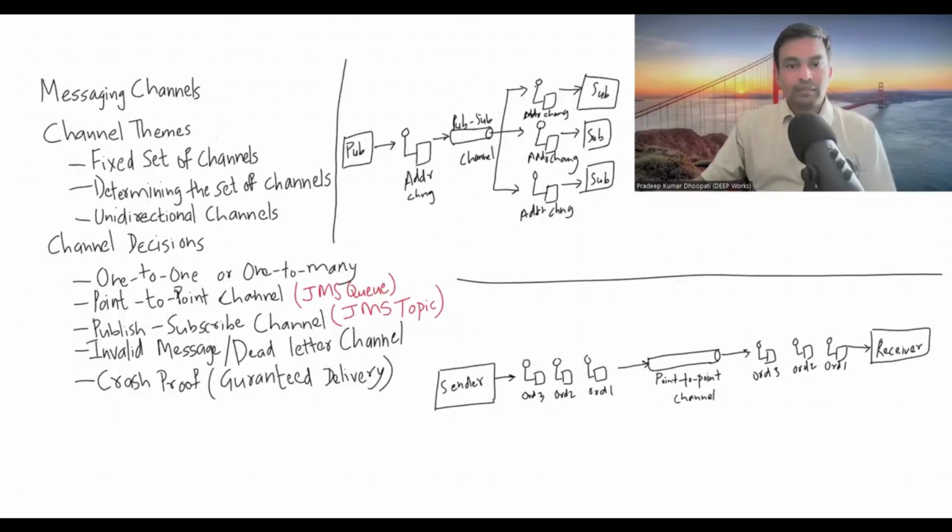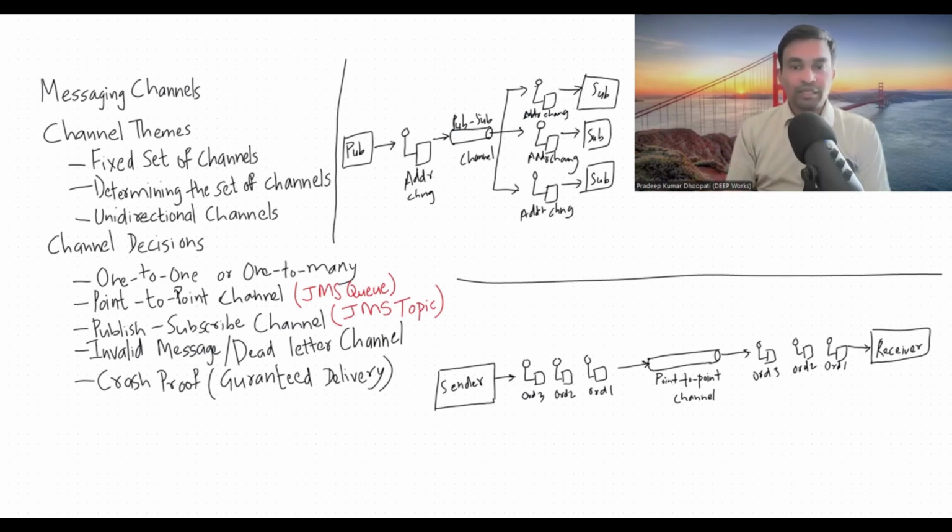In the last session, we uncovered some of the core messaging system concepts, and in this session, we will dig deeper into one of the core concepts called message channel and try to explore what types of channels are available, what is the decision criteria to create these channels, and who is responsible for creating these channels.